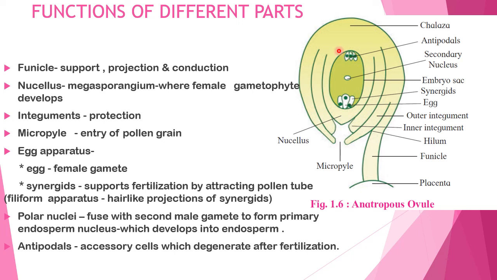But in megasporogenesis, four megaspores are formed, but only one becomes functional, and that one megaspore develops into the female gametophyte. That difference you should keep in mind, because questions will be asked on it during examination.